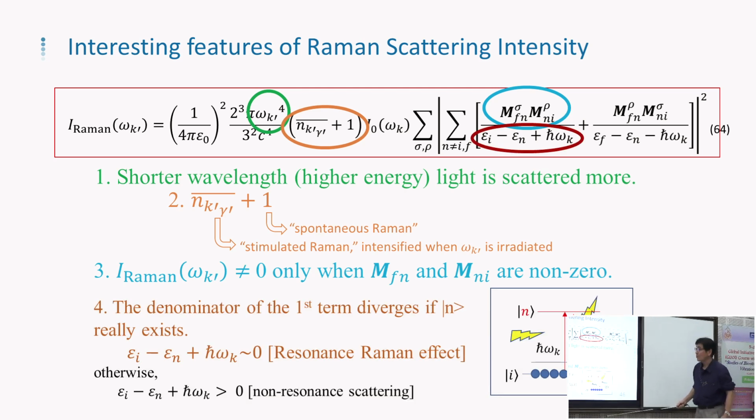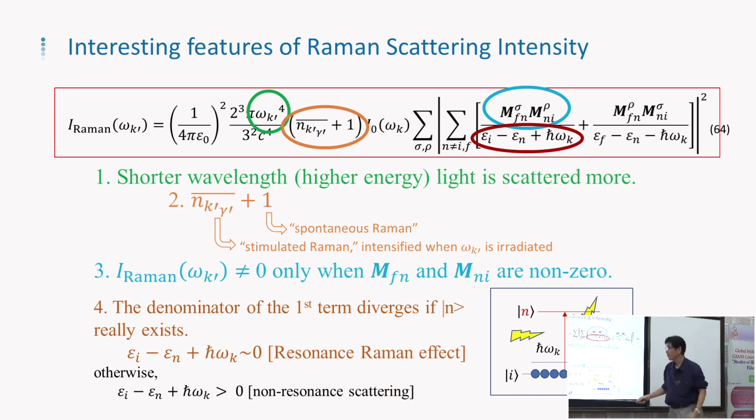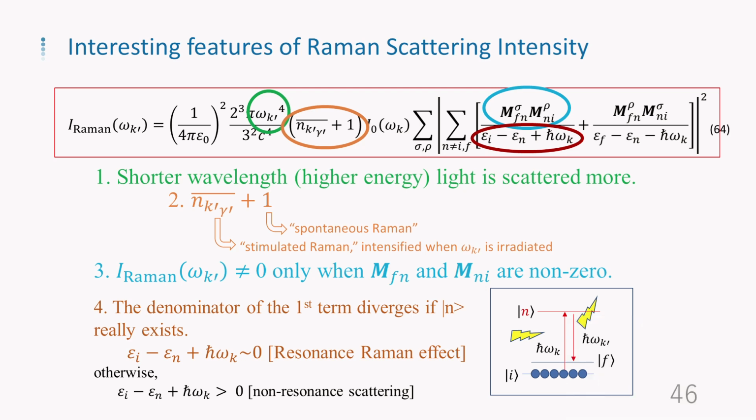One more thing, important feature. There is a denominator, E_i minus E_n plus h-bar omega_k. The denominator of the first term diverges if n really exists and it satisfies this relationship.